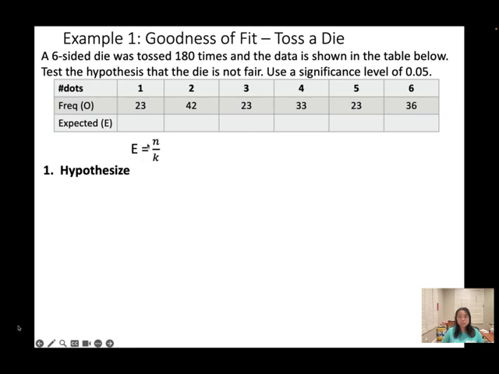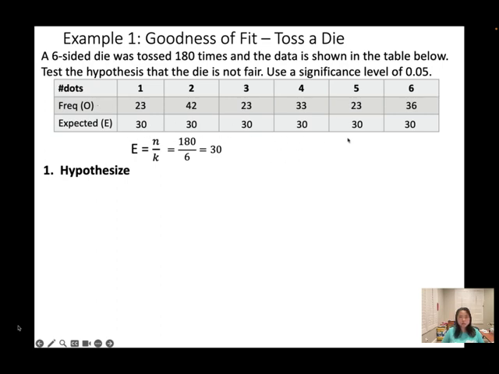The n will be 180 times, and k, the number of different categories, is equal to 6 here. So we plug it in and get 30 for each. Observed frequency and expected frequency.